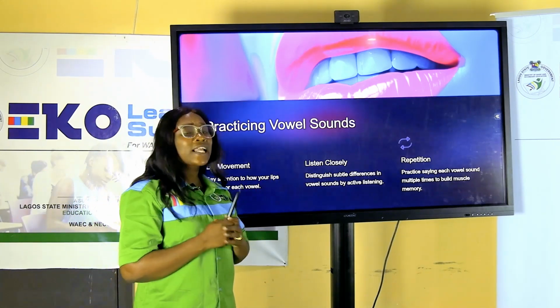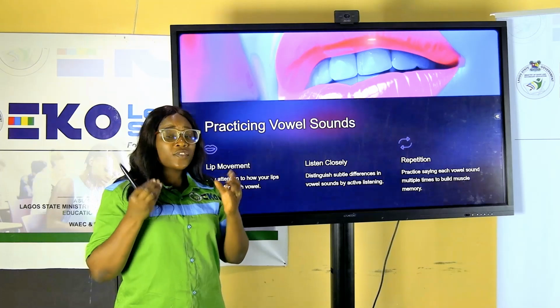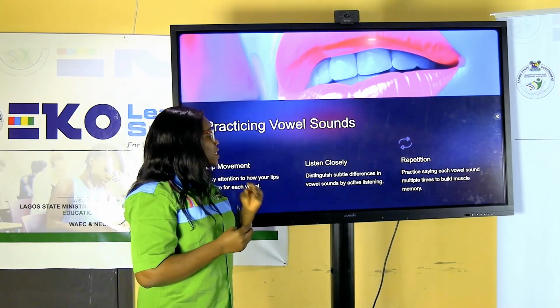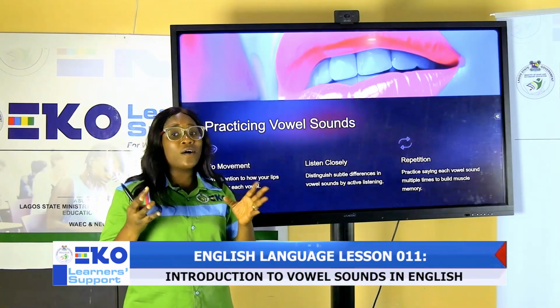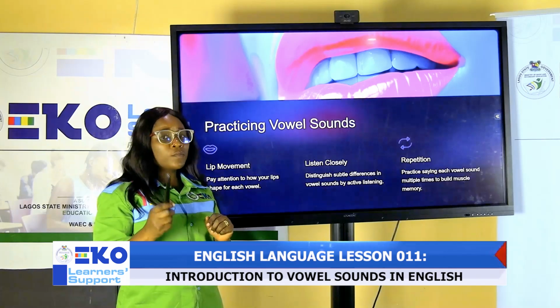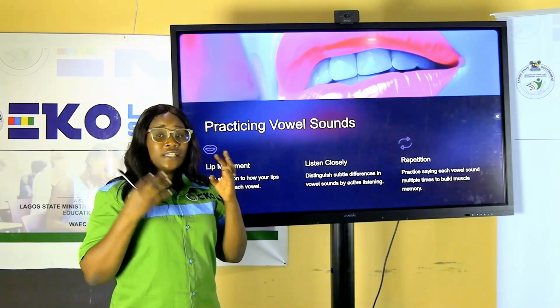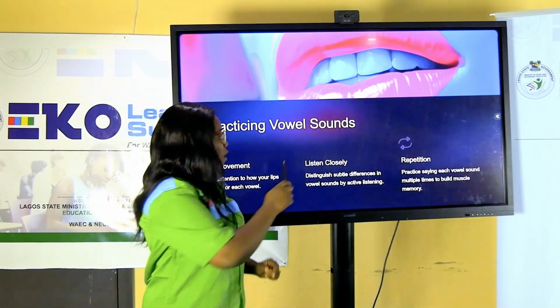Also, listen closely with rapt attention, with 1001 focus, of course, and be able to distinguish the subtle differences in these vowel sounds. If you don't listen actively, it will be difficult to differentiate the tiny nuances amongst these sounds.